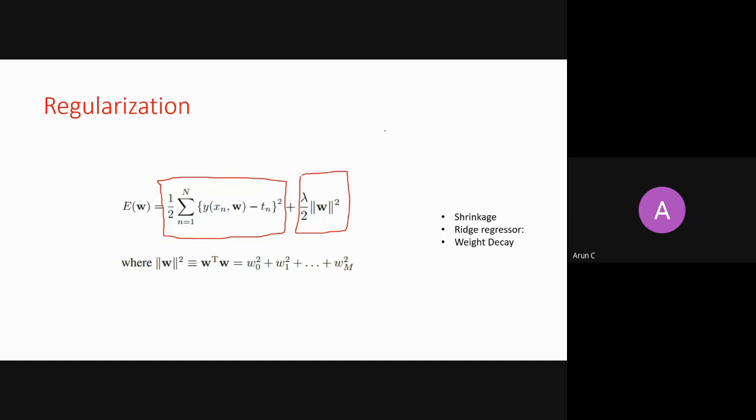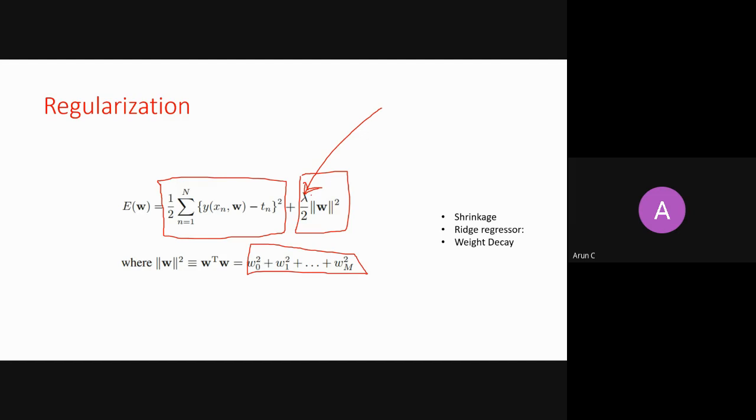Now, just to tune how much you want to control the capacity of a model, you are adding one important parameter. We have to distinguish between two different parameters. One is the parameter of a model, which are these w0 to wm. The other is an additional parameter which I introduced to my error function, which controls complexity but is not directly part of the model.